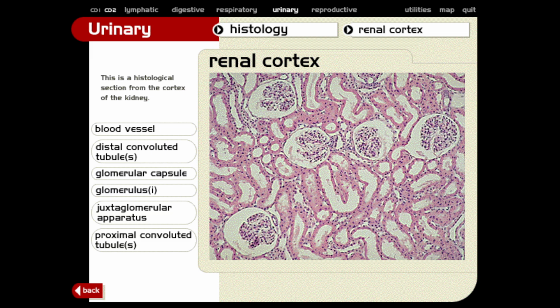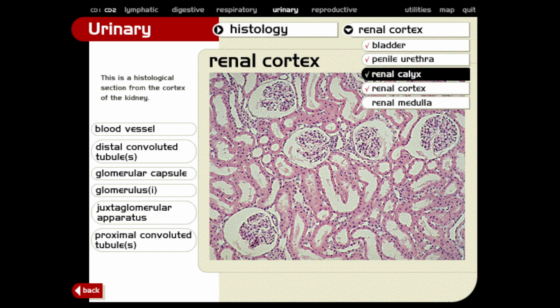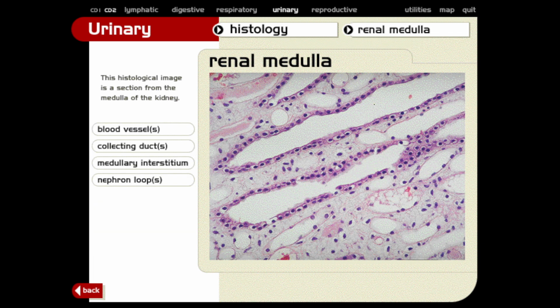This is a histological section from the cortex of the kidney. This histological image is a section from the medulla of the kidney.